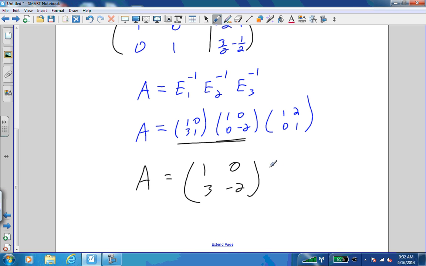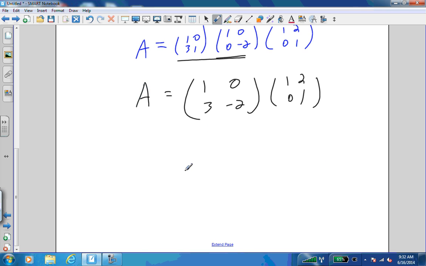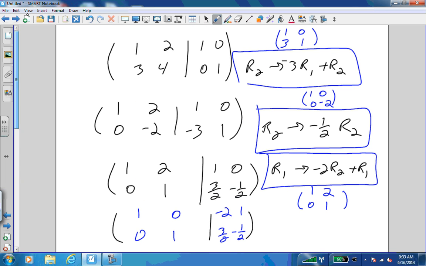So that's that product. Let's multiply that times the last matrix. First row, first column, so 1 plus 0. First row, second column, so 2 plus 0. Second row, first column, so 3 plus 0. Second row, second column, so 6 minus 2 is 4. And if we scroll back up, that is the matrix we started with, 1, 2, 3, 4.